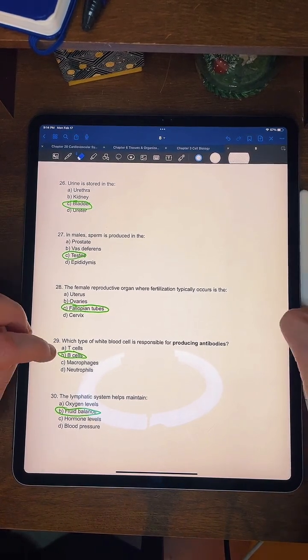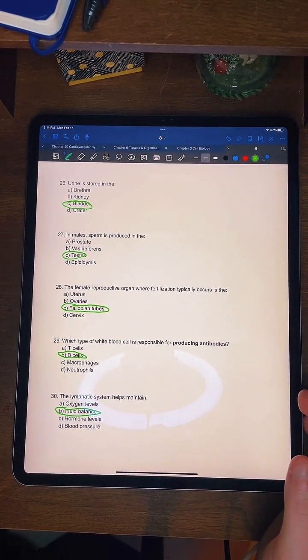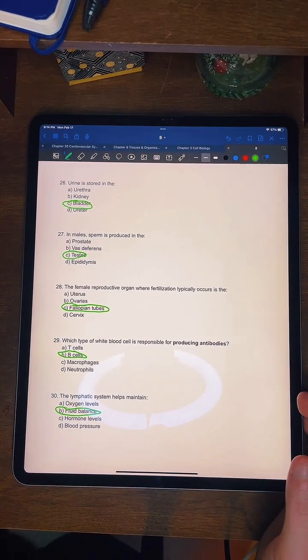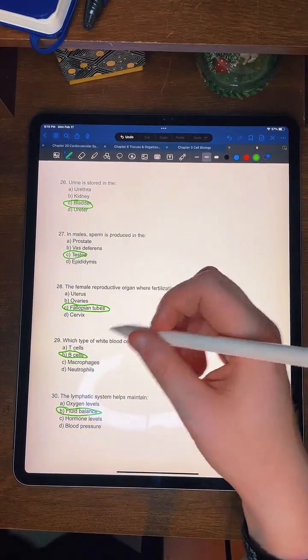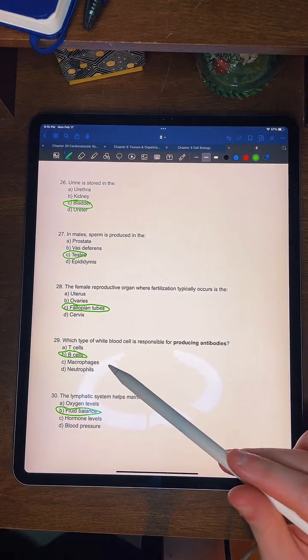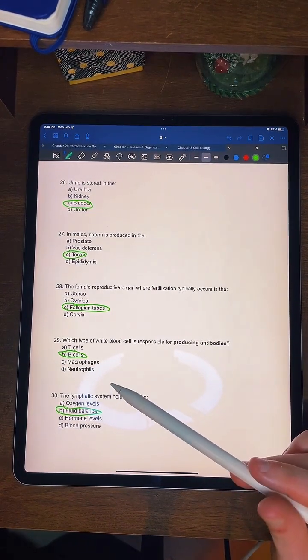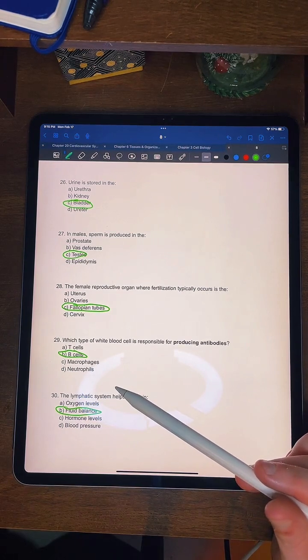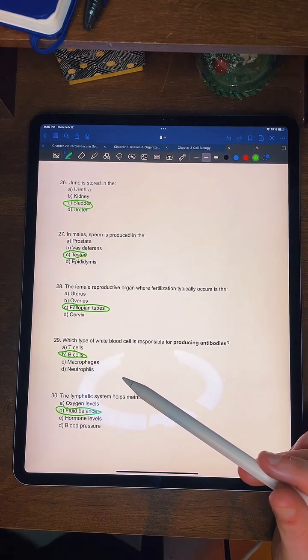Someone asked to explain this one real quick. So B cells are activated when they come across a specific antigen, like a foreign substance. T cells are also lymphocytes, but they don't produce antibodies.